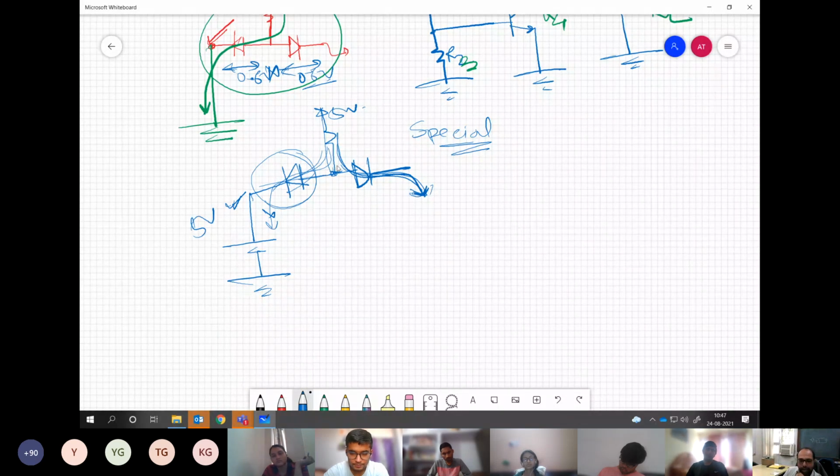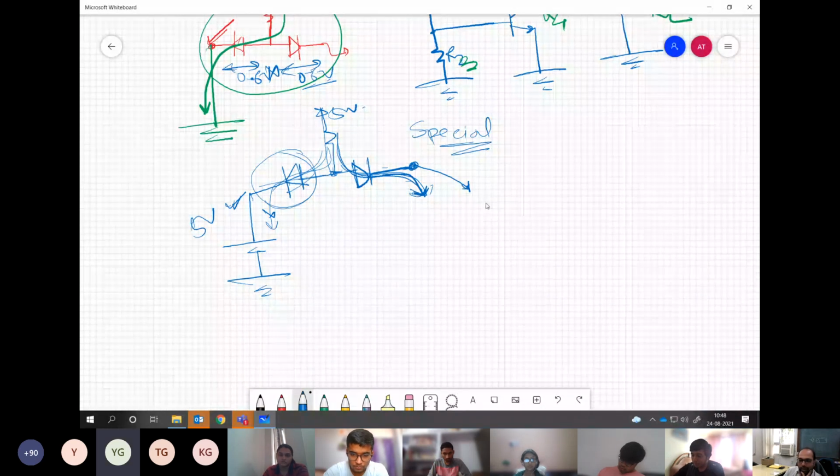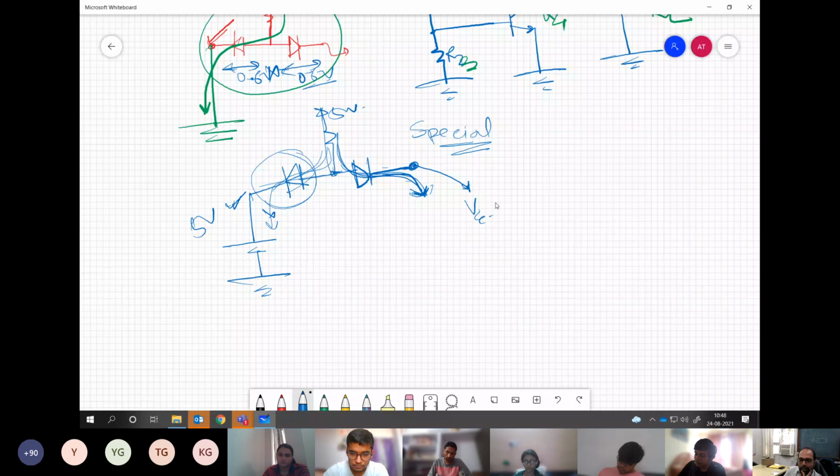And when the base collector current is flowing over here, what would be the voltage at this point? VCC minus some 0.6. So that is ultimately 4.4 volt or 4.3, anything more than 4 volt.